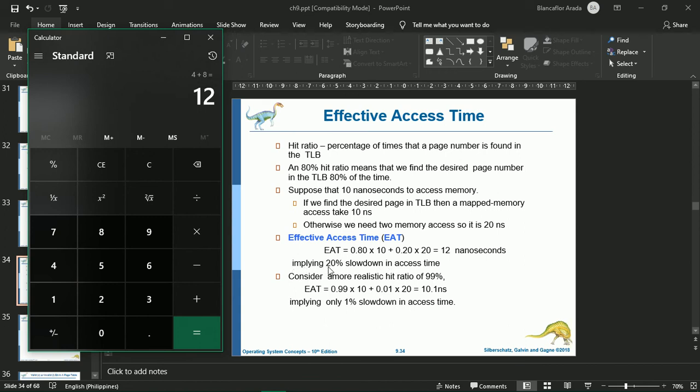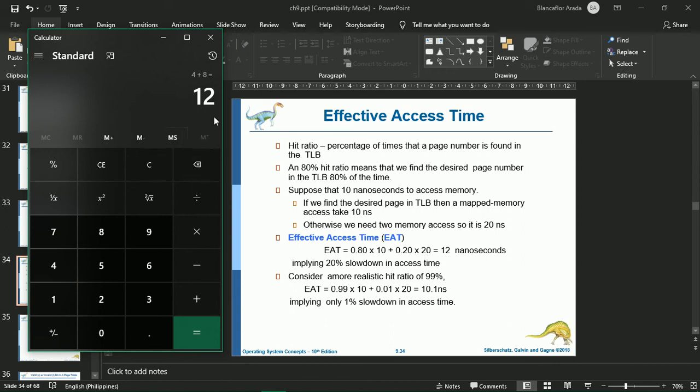So what is this 20%? Since our access time to access the memory is 10 nanoseconds, and now we have 12 nanoseconds, it means it adds 2 nanoseconds to access memory because of the TLB miss.